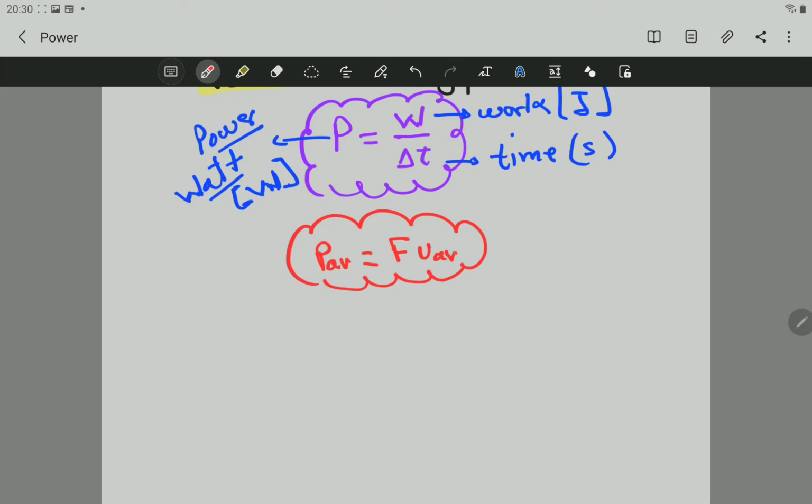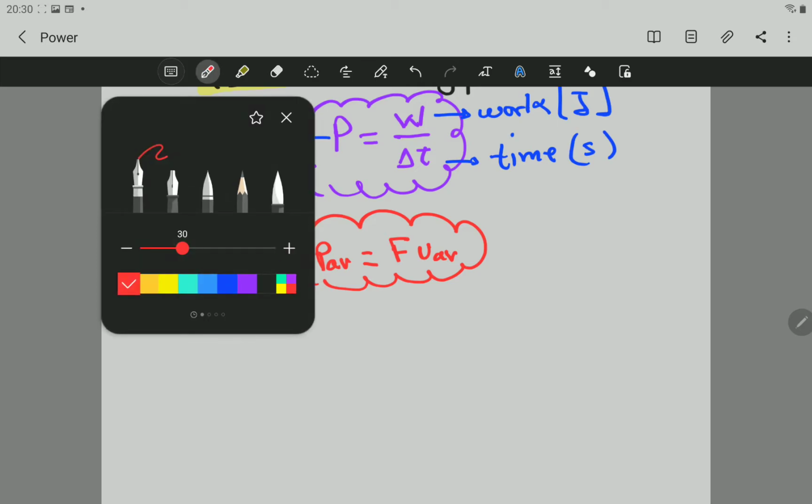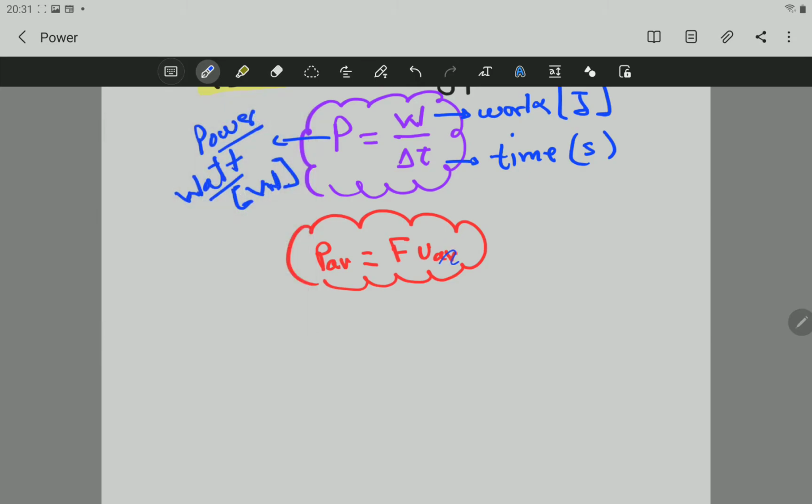Now what does this stand for? This stands for average velocity, or average speed, and the average speed, remember, is in meters per second.